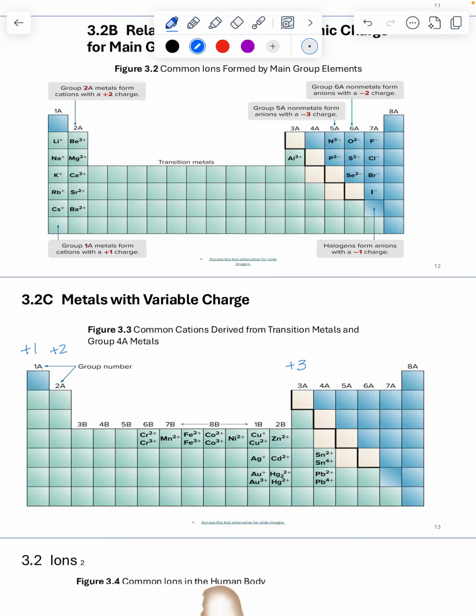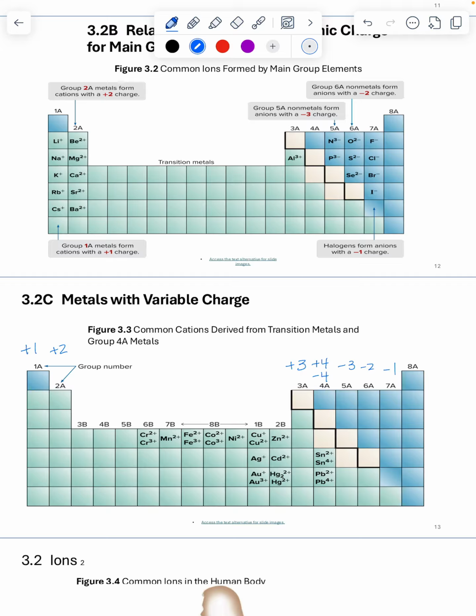Now this group 4, or 14, excuse me, this can form either +4 ions or -4 ions. So think of that as kind of the tipping point between your cation and your anion. Alright, let's talk about the transition metals.